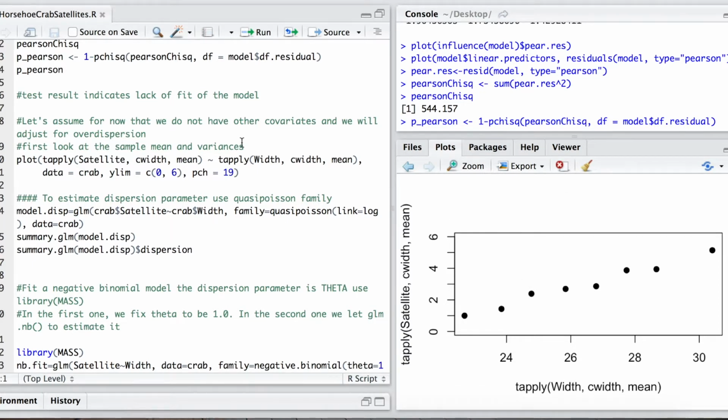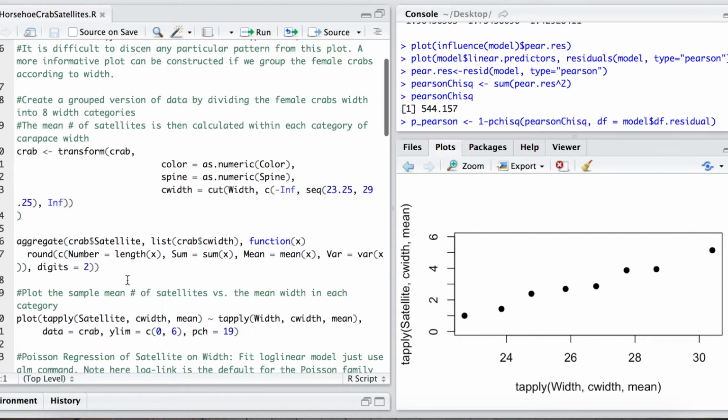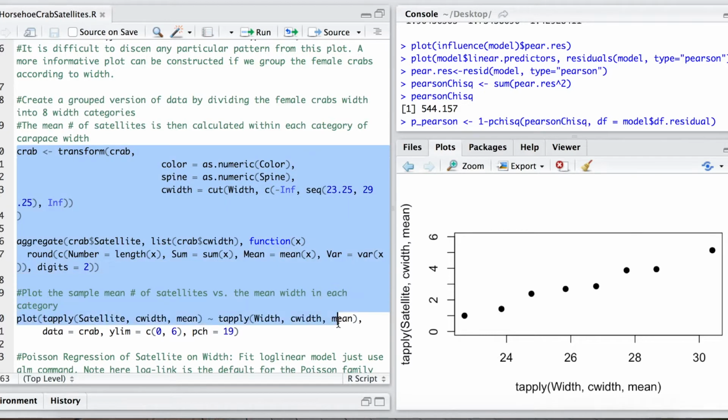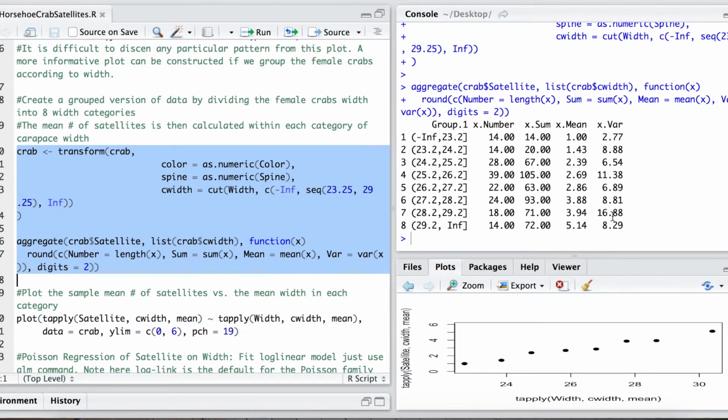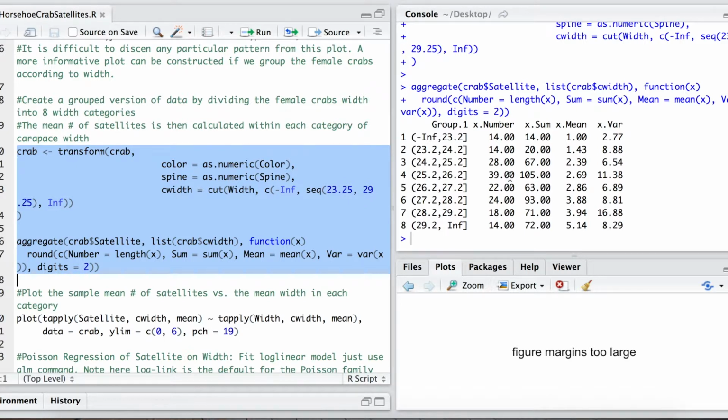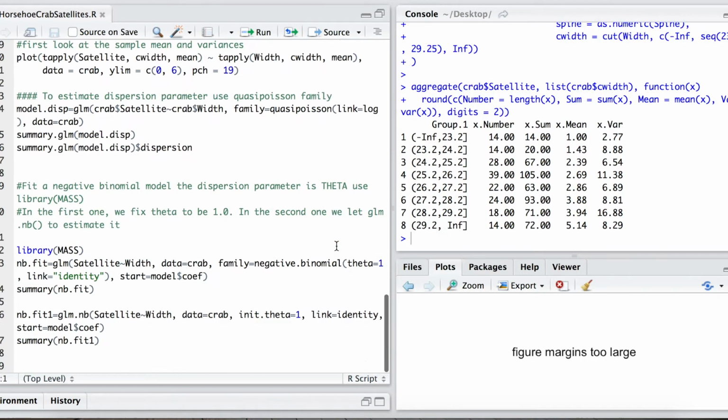That's the graph here, and by looking at the table, we can see the variances are much larger than the means, whereas a Poisson distribution should have identical mean and variance.